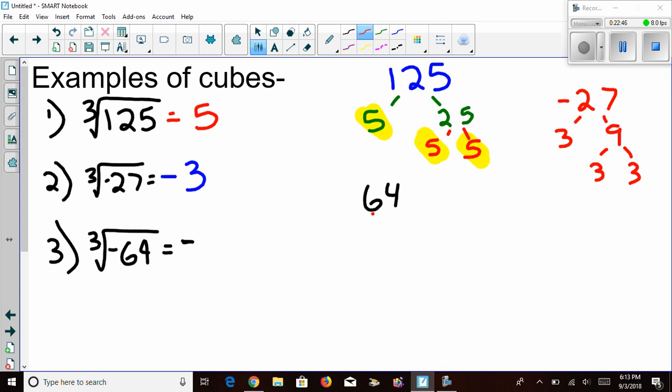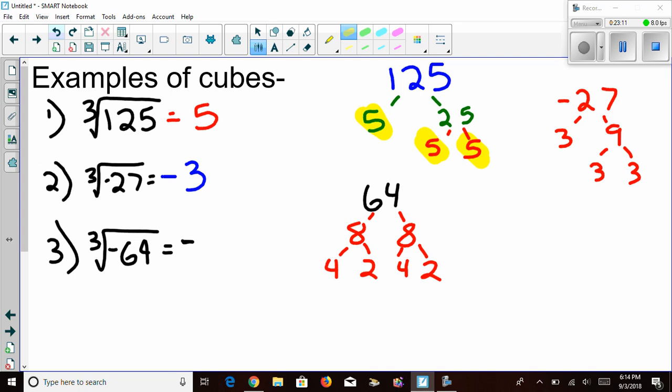You could look at that as 8 times 8. And then that's 4 times 2, 4 times 2. But here's the issue. I need my number to only have 3 of the same factors.